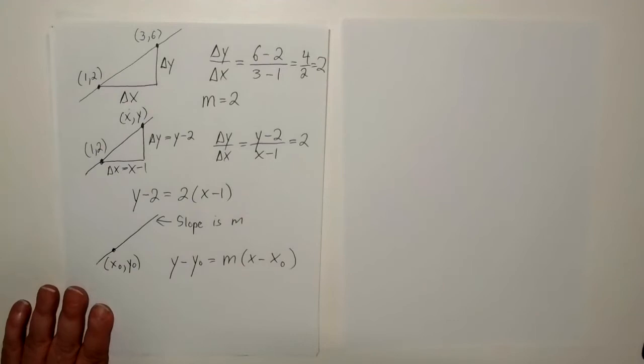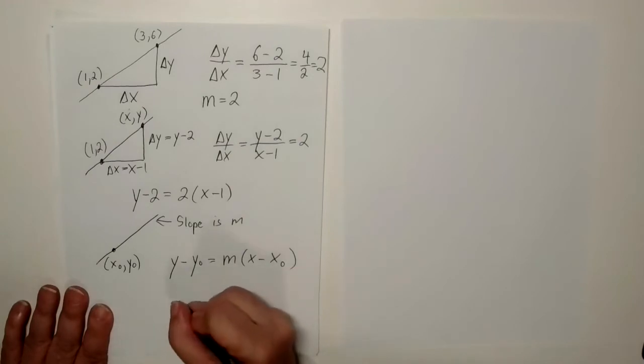And that's general point slope. So you find the slope using 2 points or some other way, and we will be using some other way a lot in this course. You find a point on there, (x naught, y naught), and you can just write this down.